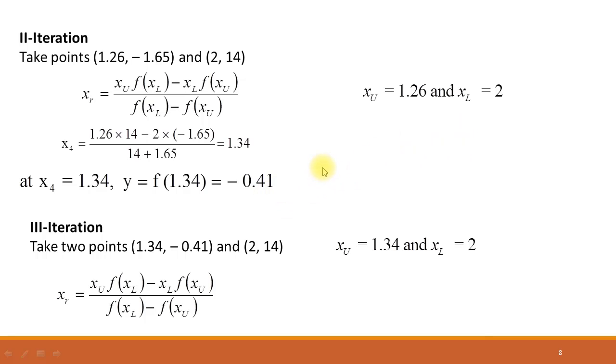Now replace again the xu value by this x4, and xl will be as it is. So for the next root, take these two points, 1.34 and minus 0.41. This is the value of x, and this is the value of y.